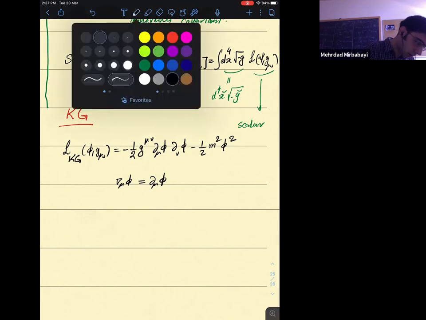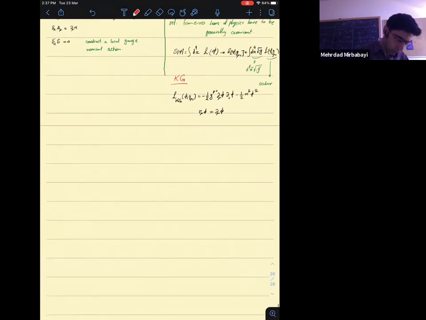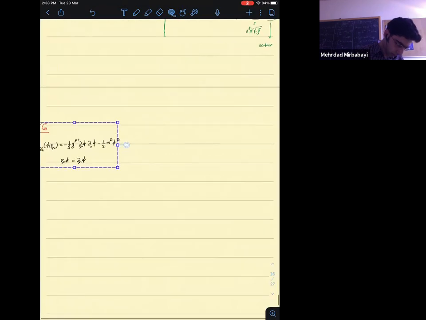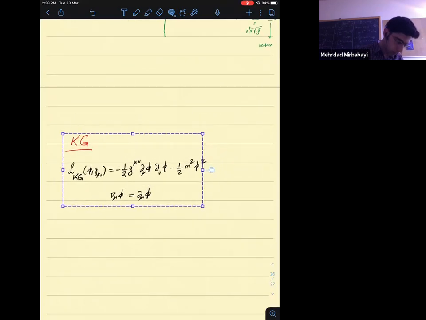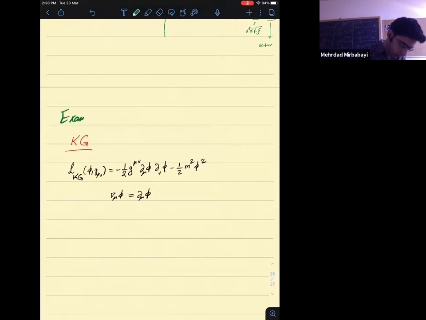Now, similarly, if we want to consider the Maxwell theory, examples.